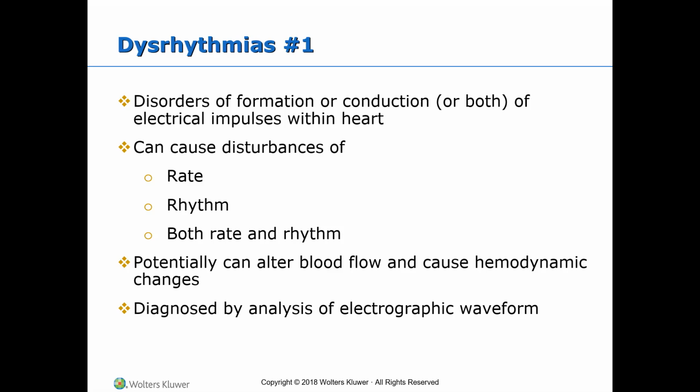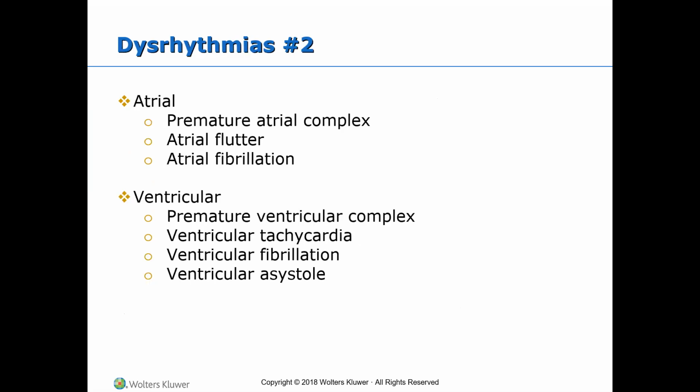And so it's kind of the same thing if you have a dysrhythmia, not to that point, but it can cause problems with other organs if they don't get the right perfusion. And you get it diagnosed by analysis of an electrographic waveform.